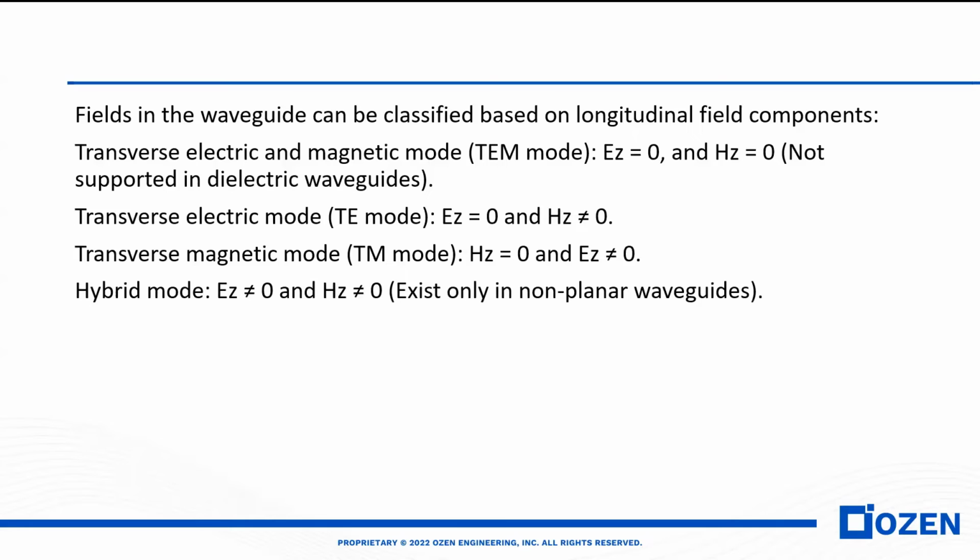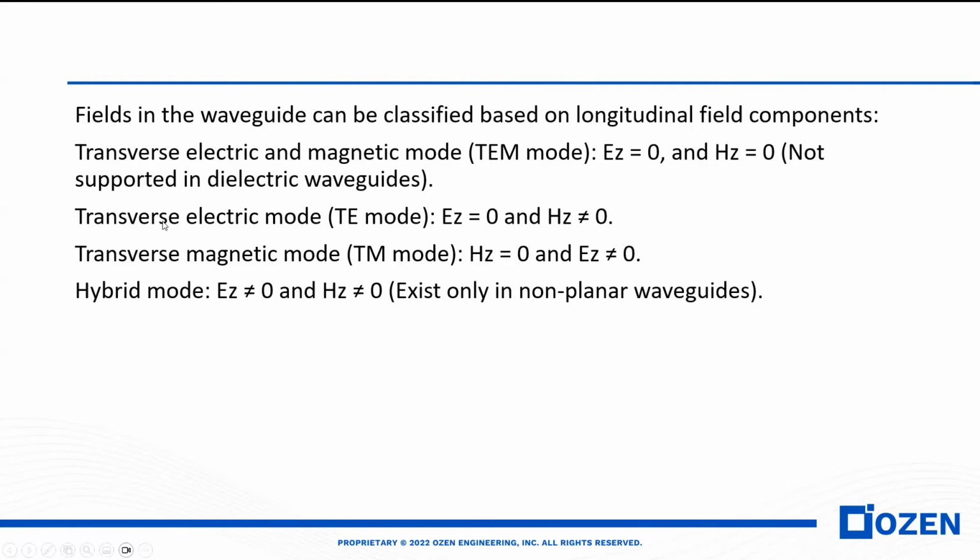Another thing that we need to understand in waveguide mode analysis is how we can define the fields. Fields in the waveguide can be classified based on the longitudinal field component. For instance, the transverse electric and magnetic mode, TEM mode, means that in the propagation direction we don't have any component of electric and magnetic field, but this is not supported in the dielectric waveguide.